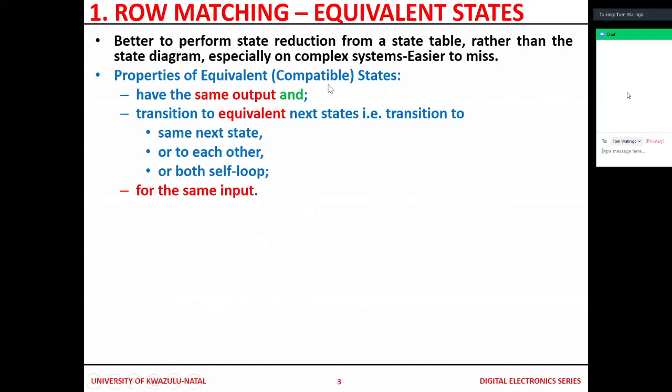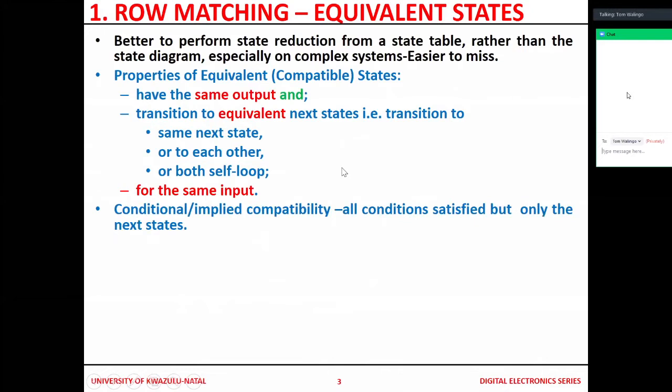For them to be compatible, to match, they must have the same output and transition to equivalent next states for the same input. We said equivalent next states could be the same next state, or to each other, or a self-loop for the same input.